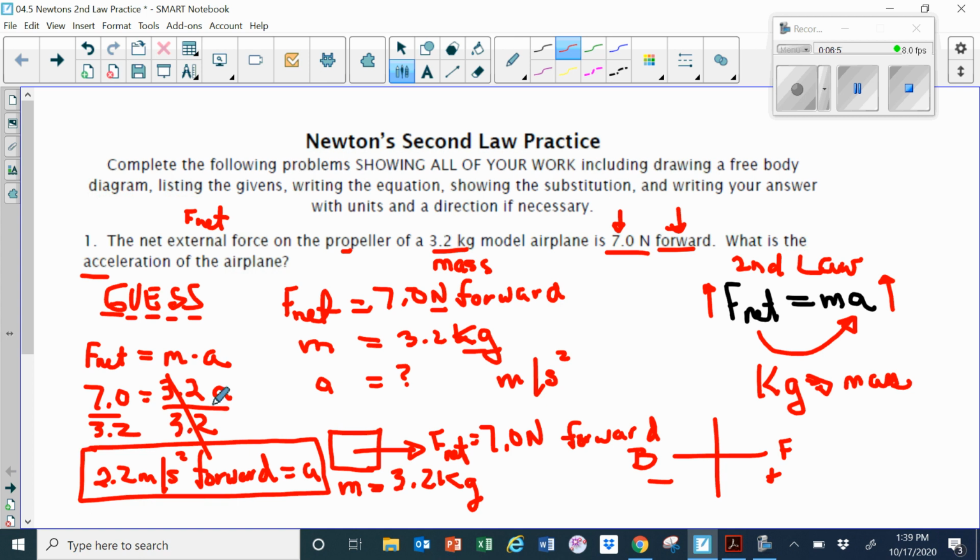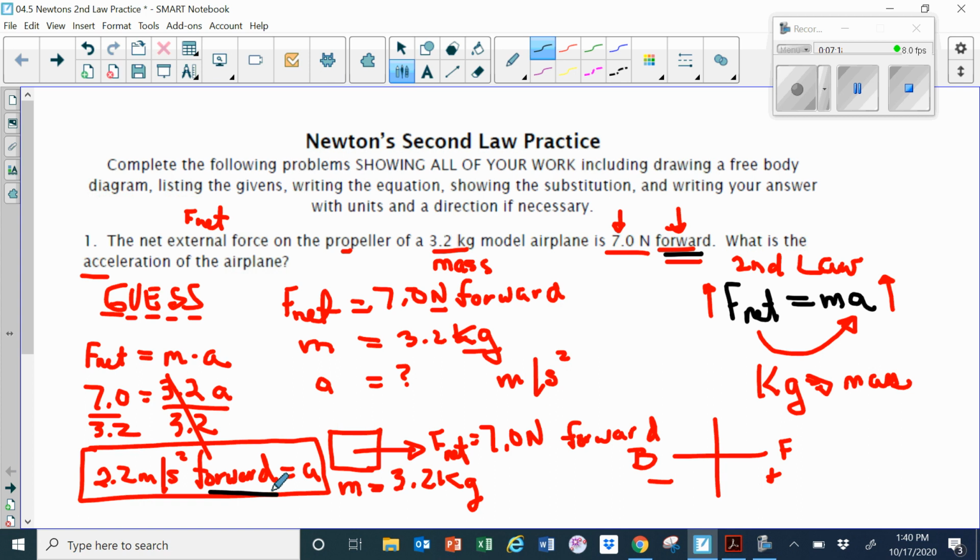Now, there's something interesting here. The force is forward. It's positive. The acceleration is in the same direction as the force. It's also positive, also forward.